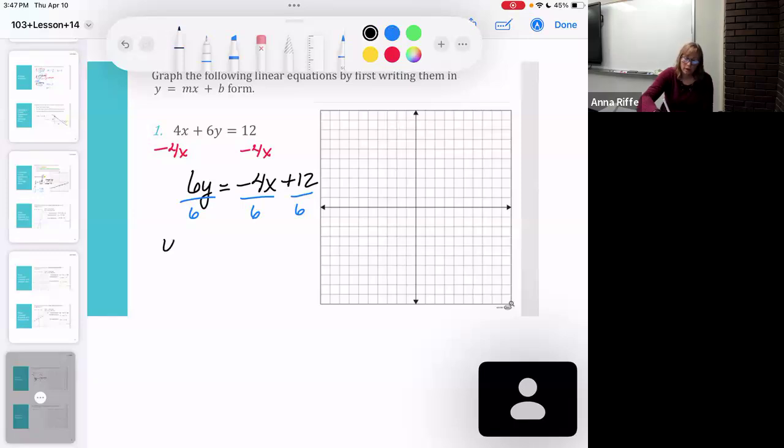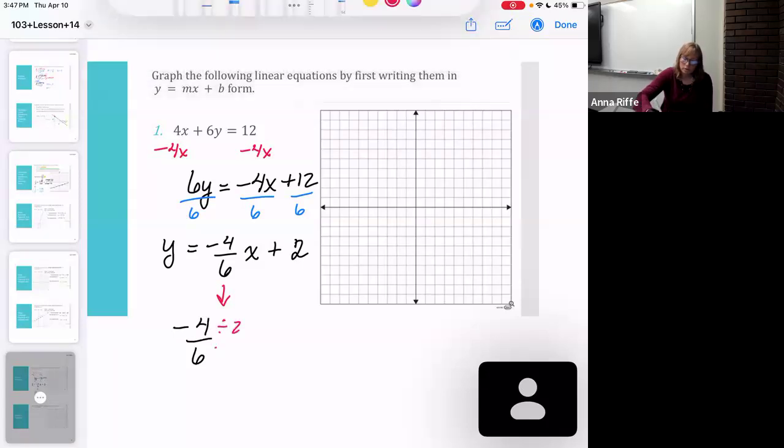So that leaves me with y on the left is equal to negative 4/6 x, plus 12 divided by 6, which is 2. Graphically, we could use negative 4/6 if we want. It is often simpler to reduce the slope, however. So that negative 4/6, we could divide the top and the bottom of this fraction by 2 to reduce it as much as we can.